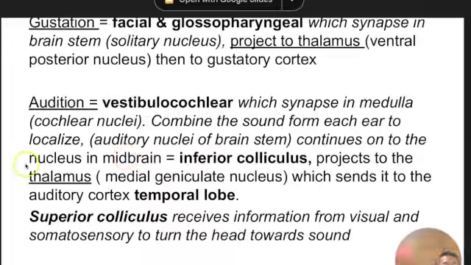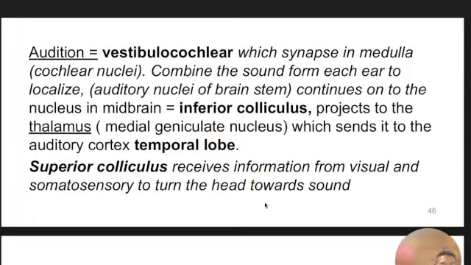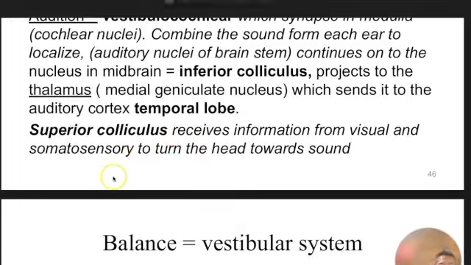Okay, and then it goes up to the thalamus, and then it goes to the temporal lobe and then goes out to, whether memory or whatever. Superior colliculi is from the visual part, where you turn your head to the sound.